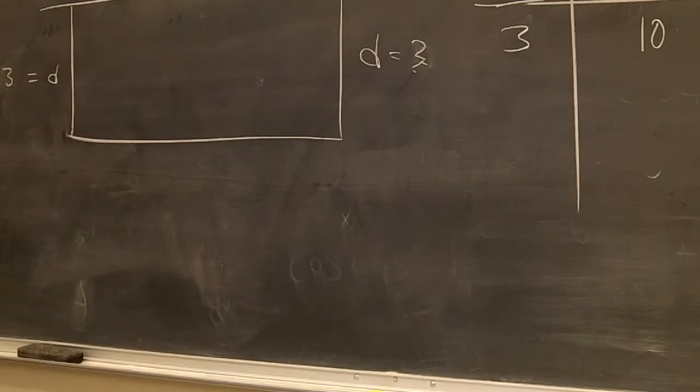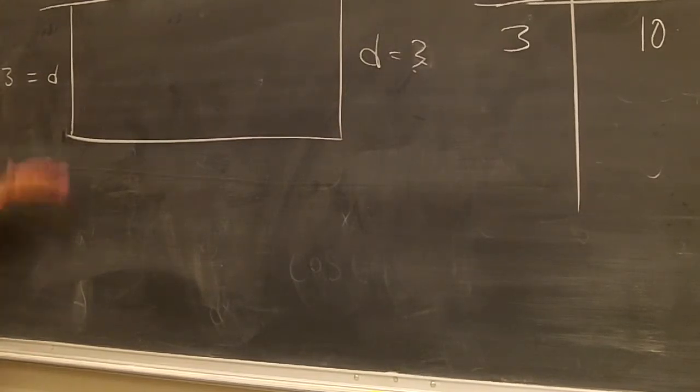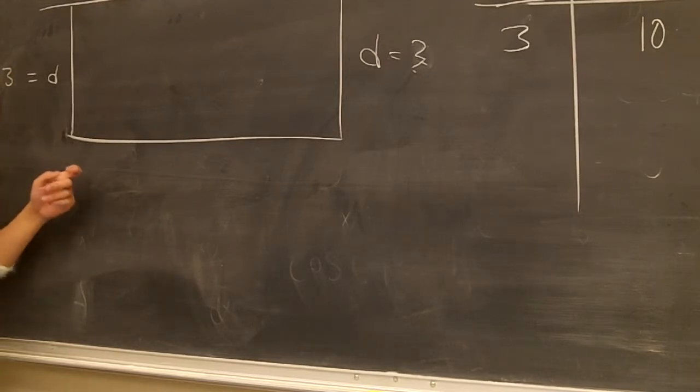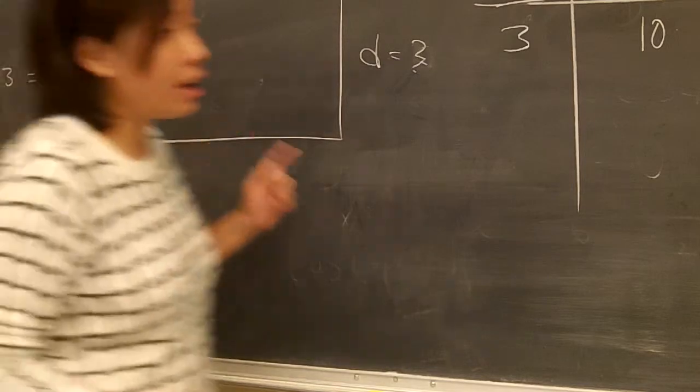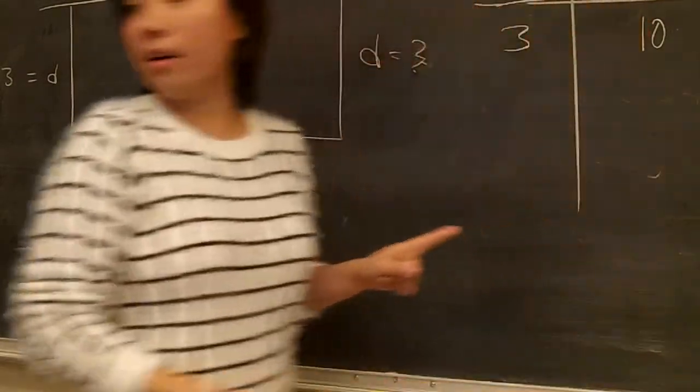What's the area? What's the formula of a rectangle area? Length times width. So 3 times 10. The area is 30.